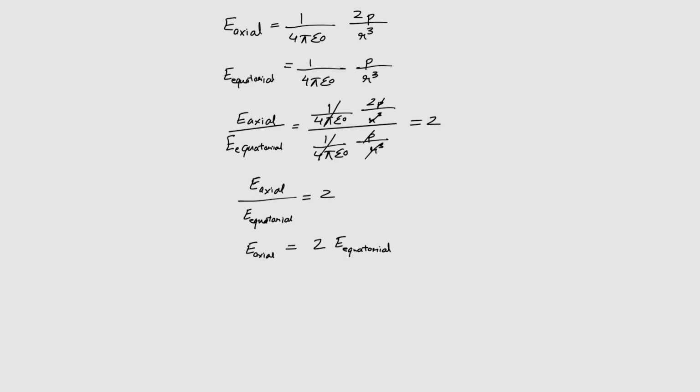Consider a point P on the axial line, which is at a distance r from the center of the dipole. Let me draw the dipole again with plus Q and minus Q. This is my center O, and this is my point P at distance R. Let's say the distance is 3 centimeters.